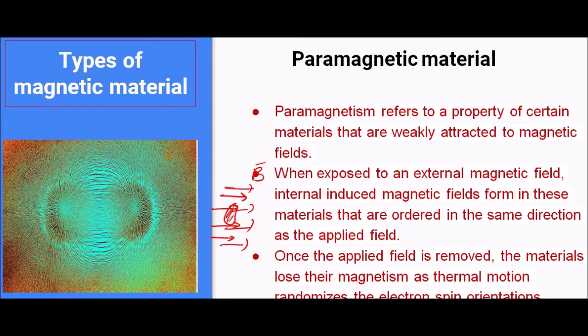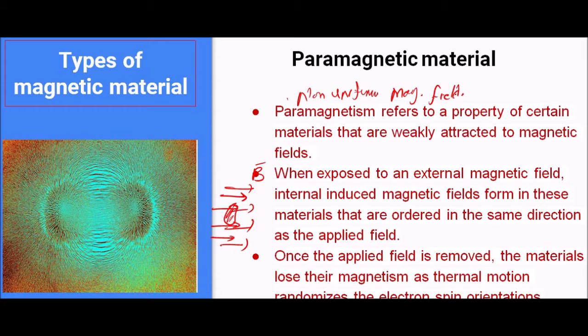When paramagnetic material is placed into a non-uniform magnetic field, and non-uniform is the important word, it will start moving toward the region of stronger magnetic field, unlike the diamagnetic material.